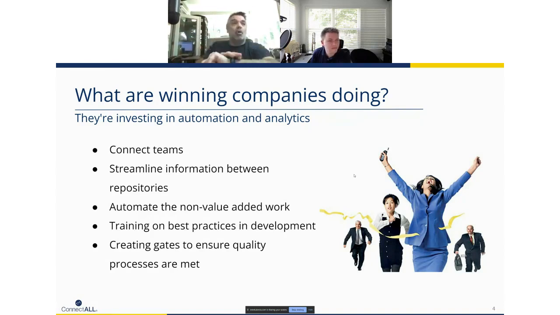So I think what we're seeing, and I know you're on the front lines of this daily here at ConnectALL, is a lot of the winning companies are allowing that information to flow, not just the tests, but actually the requirements, all the user stories, so that they can look at them and do better testing and then flowing past that as well. So I think that's the automation part that we see winning companies doing.